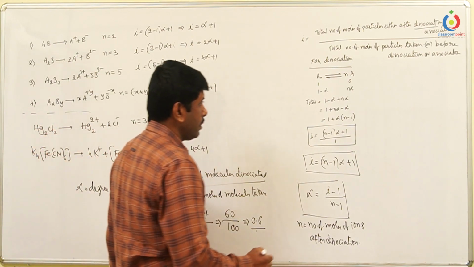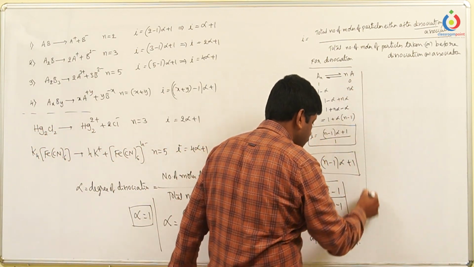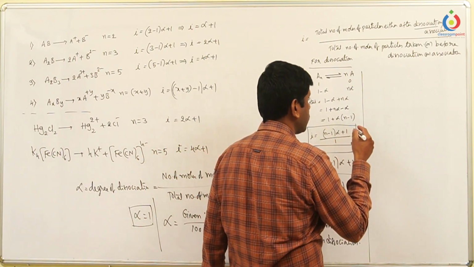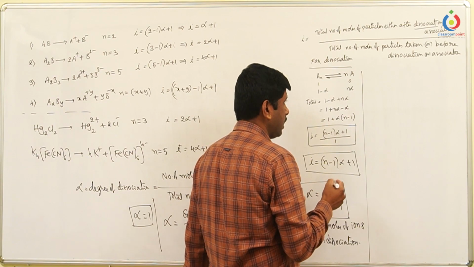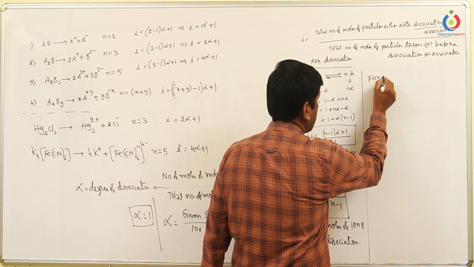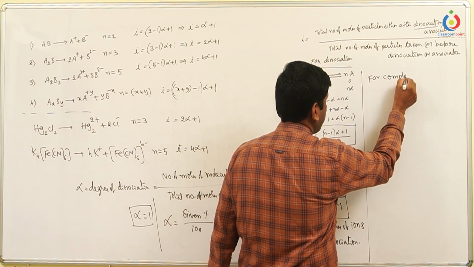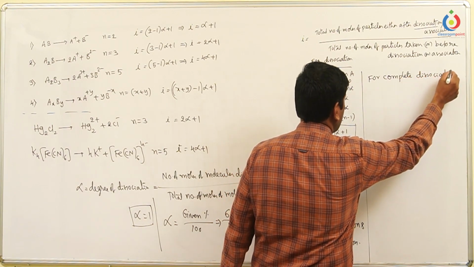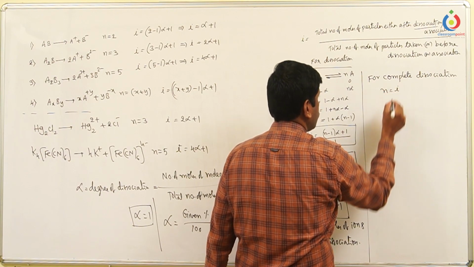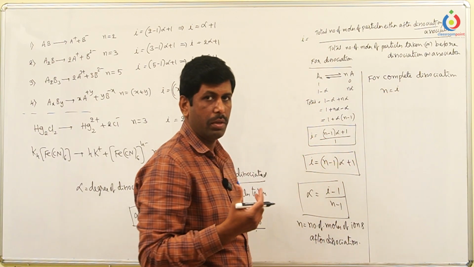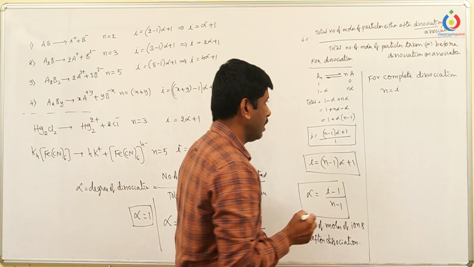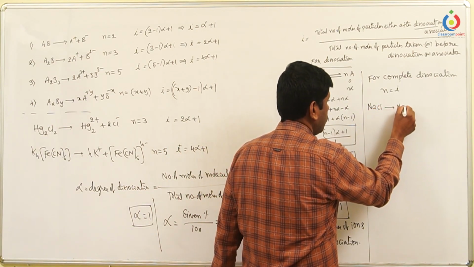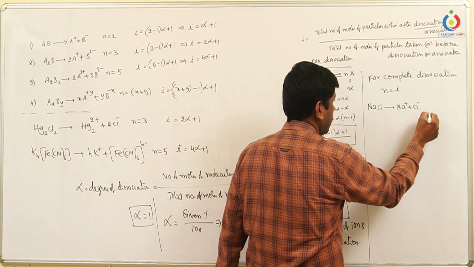Now for solutes which participate in complete dissociation, if they say that complete dissociation happens, then the n value directly equals the i value, the number of ions. So n equals i. That means the number of ions produced equals the factor i. Imagine NaCl dissociates into Na plus and Cl minus ions.